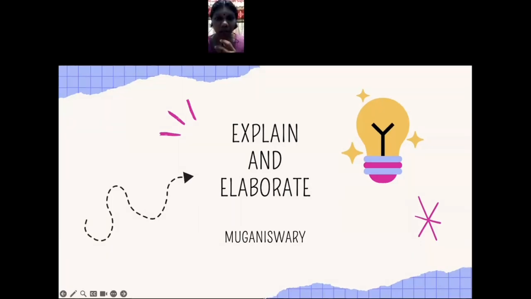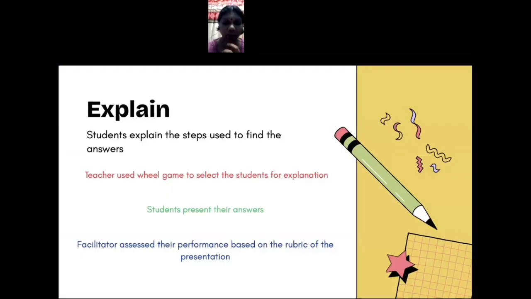Okay, I'm Muganeswari. I will explain about the explain and elaborate phase in 5E instructional model. The explain is the third phase in the model. Students need to explain their steps they used to find out the answer in the matching worksheet in the previous phase.